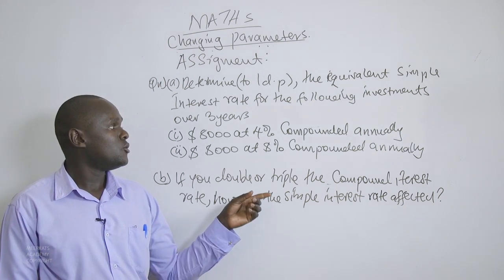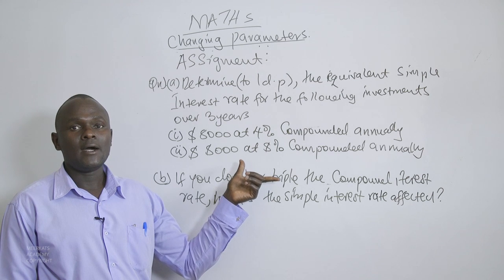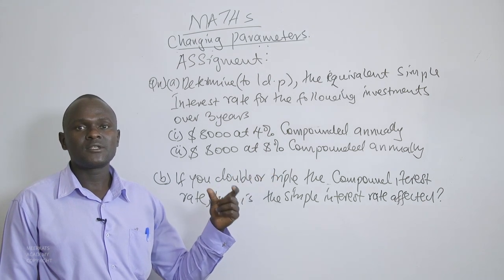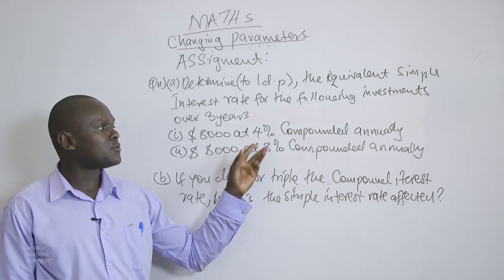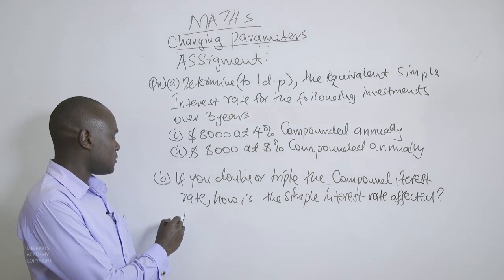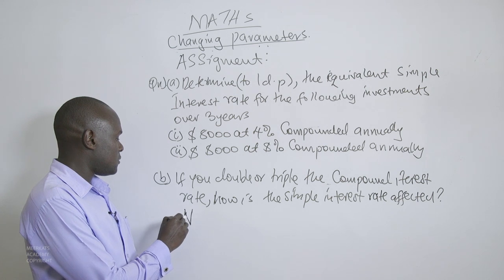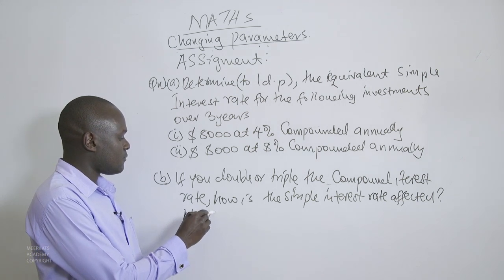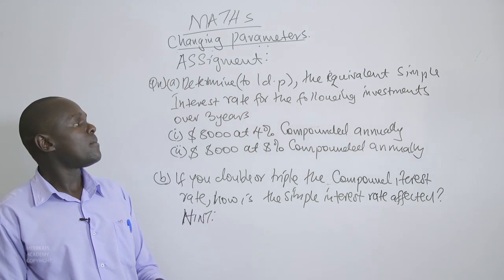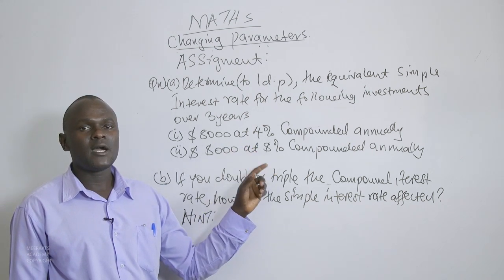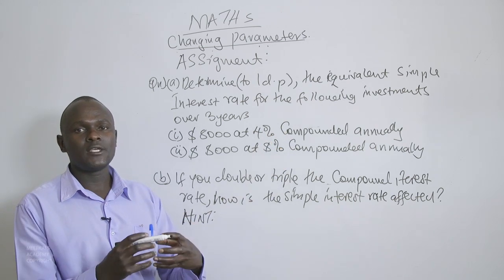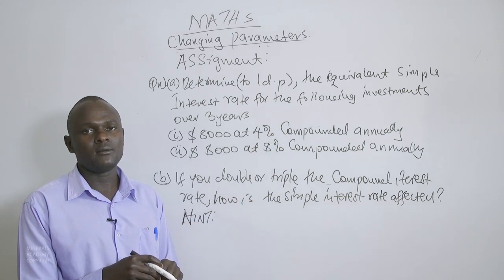I know you are well conversant with the compound interest formula and also the simple interest formula. So maybe just to give you a hint on this, you are supposed to calculate both the compound and simple interest in the two cases before you start comparing them.